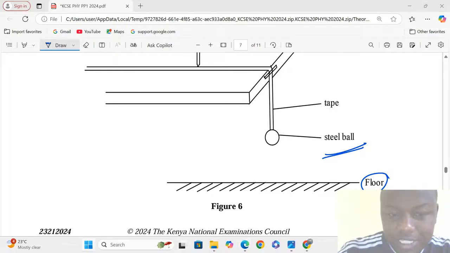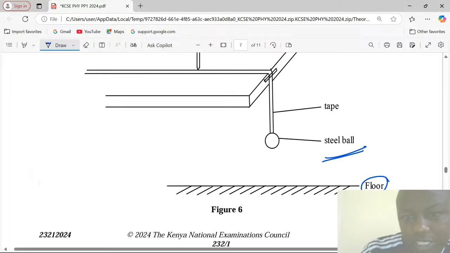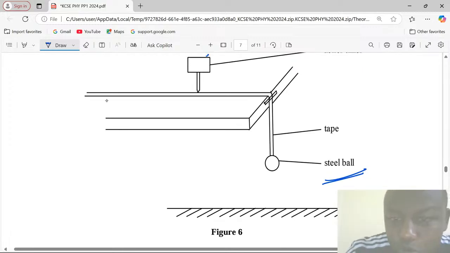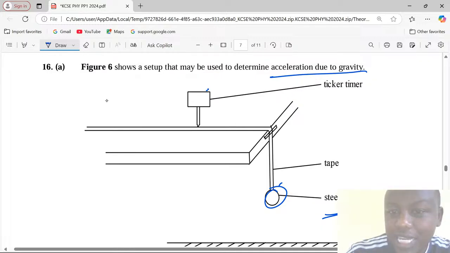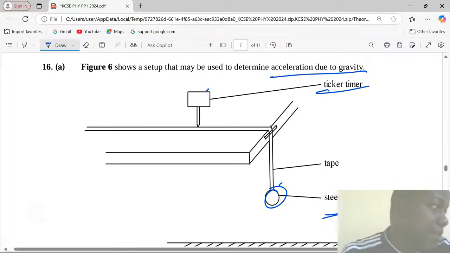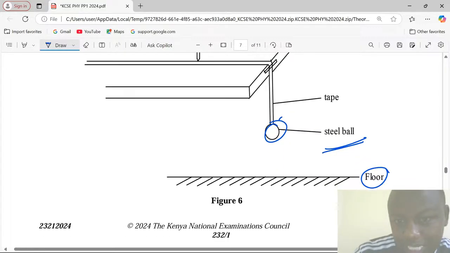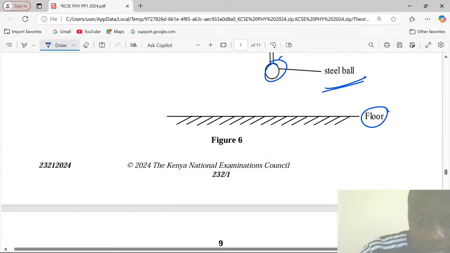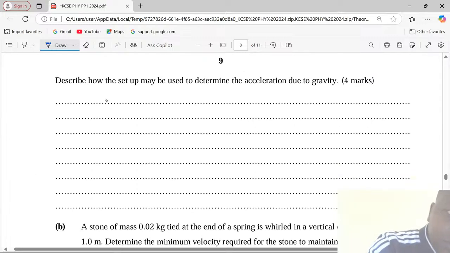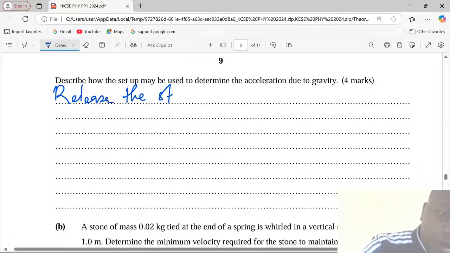So I should talk about it. By the time you are releasing the steel ball to fall freely, simultaneously switch on the ticker timer. So switch on the ticker timer and release the steel ball.